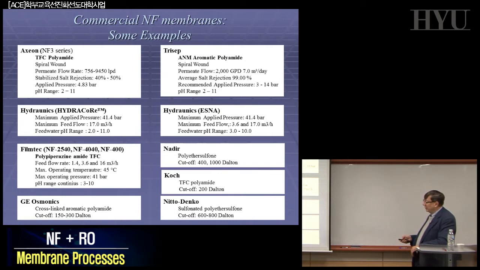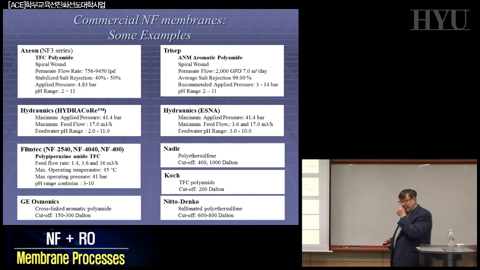That can be 1,000 Dalton, 400, 200, etc. You see here that you have a wide spectrum. You can separate salts from species having 600, 800, 200, 400, 1,000. So that can be a quite interesting possibility to separate chemicals of interest having a wide spectrum of molecular weight using membranes of this kind.